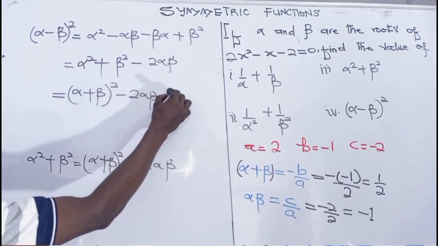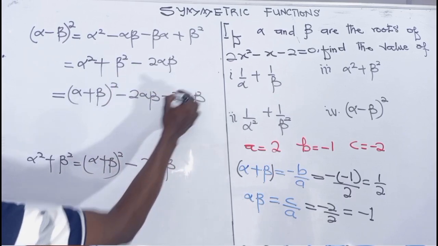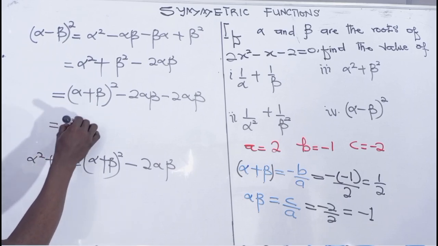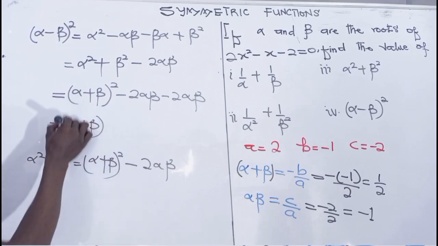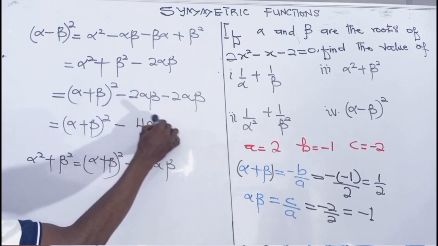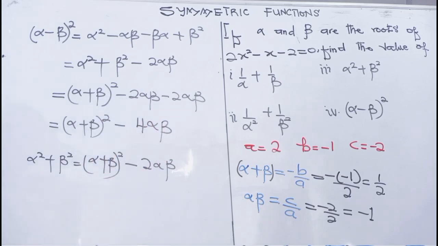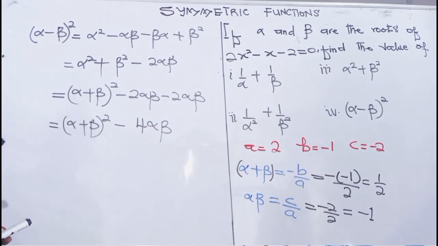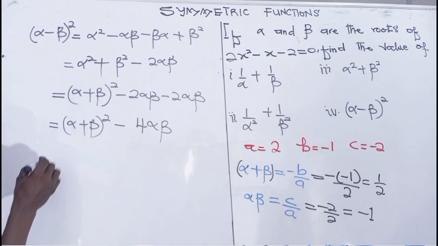And then we have this minus 2 alpha beta. So let's do some small simplification. This and that is going to give us 4 alpha beta. So at the end, you agree with me that we are having alpha plus beta and then alpha beta, and therefore we can plug in our values.